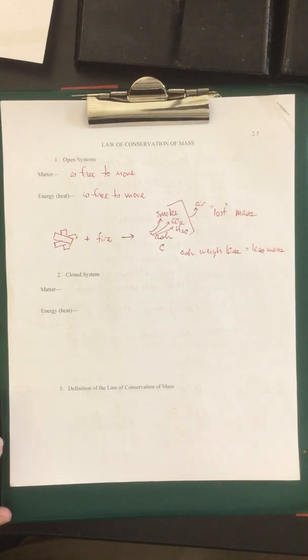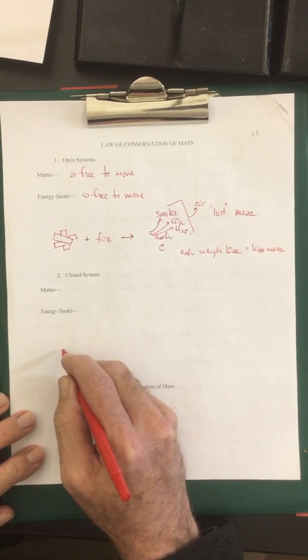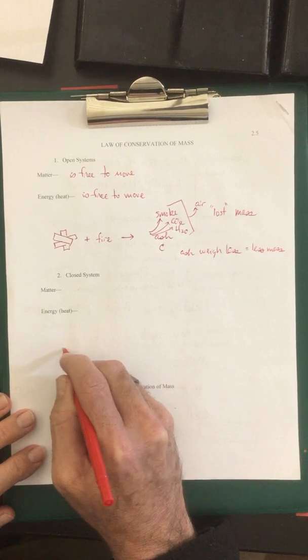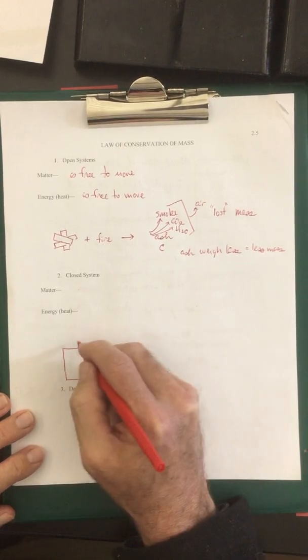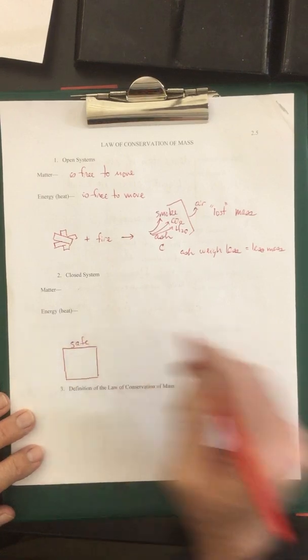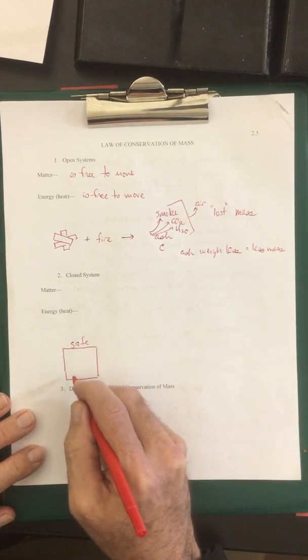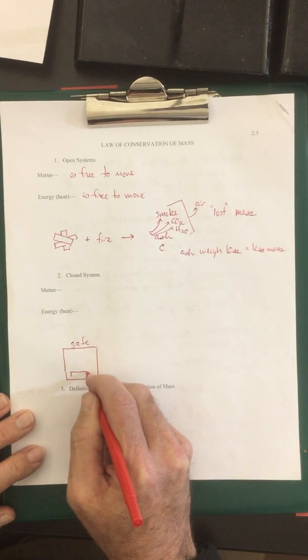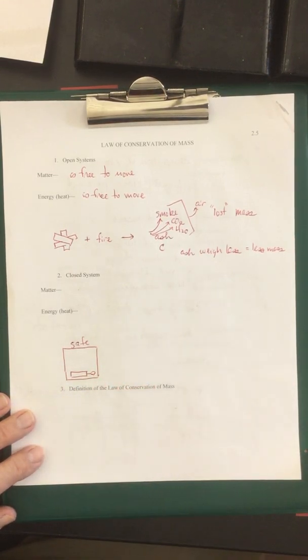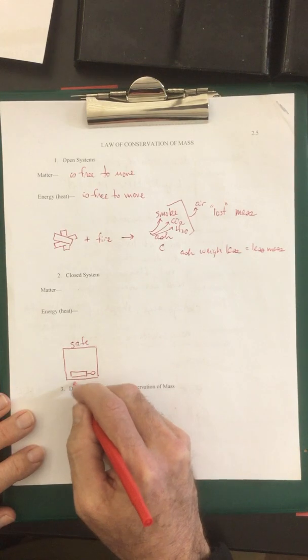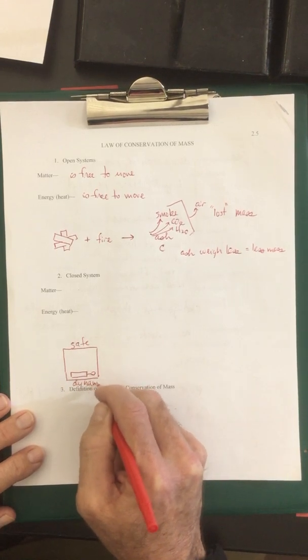Closed system is the opposite. Imagine you have a safe. So just draw a square. Okay, so here's my safe. And I'm going to put a stick of dynamite in it. Okay, and we're going to light that dynamite on fire. Okay, dynamite.